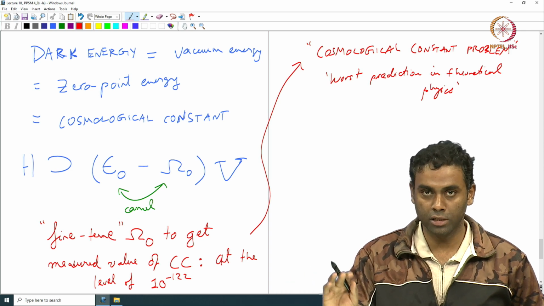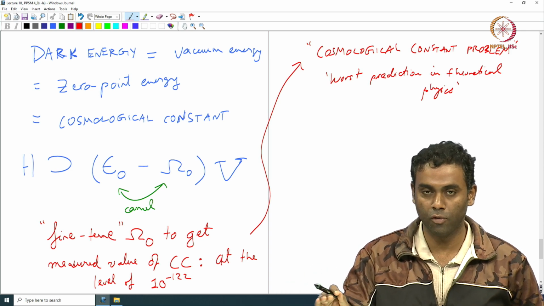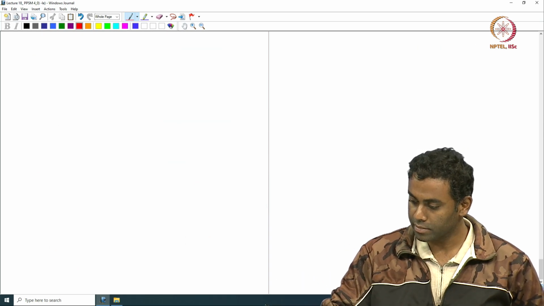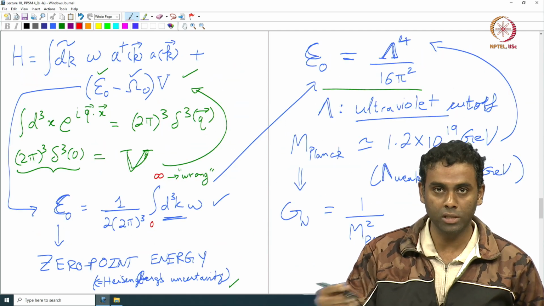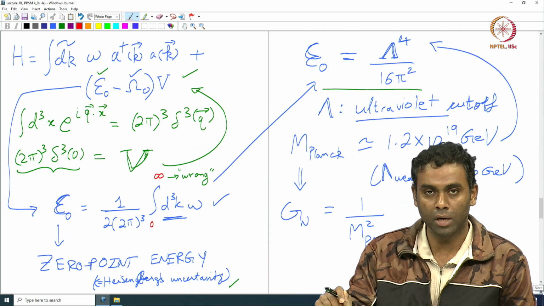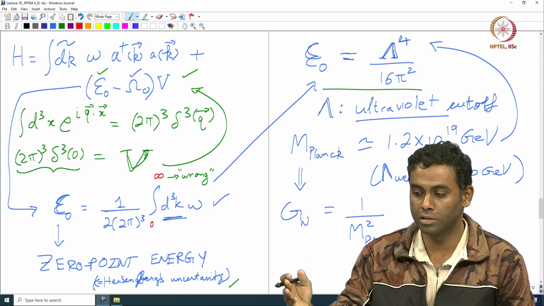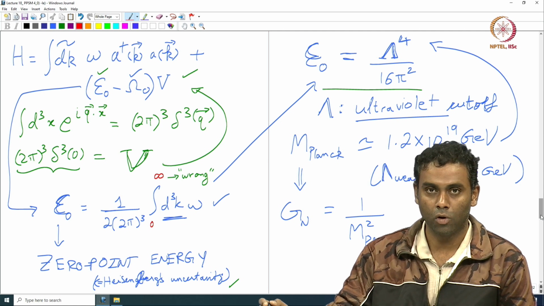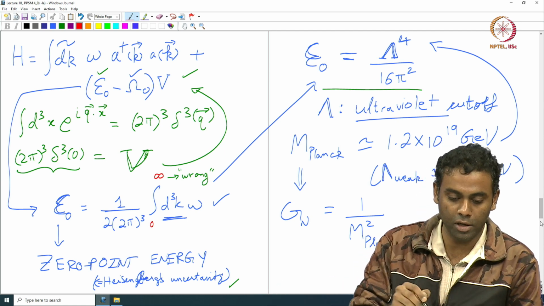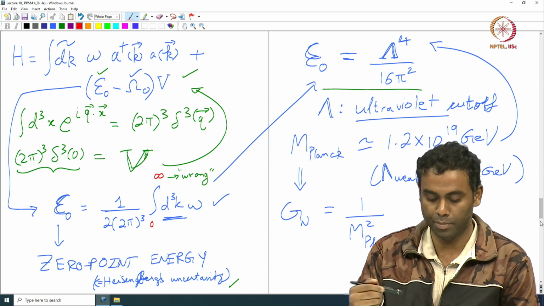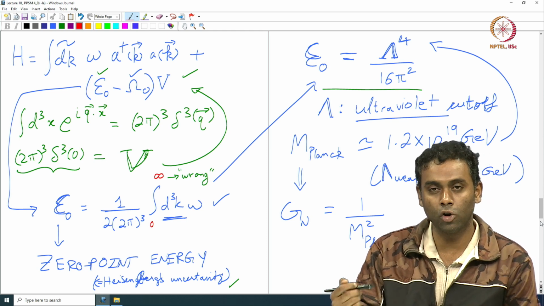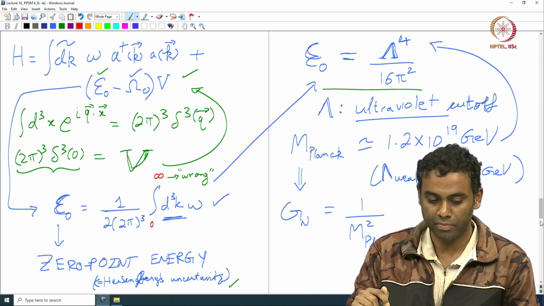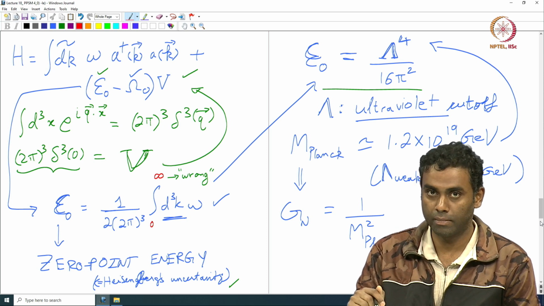Now there's a few comments here why this problem itself is robust. Okay, you might say, all right, we are talking about one single field here, maybe this is the Higgs field or whatever, but I have other fields also in the problem, right? I have electrons and the W boson, Z boson, photon, etc. What about all of them? They all have a Hamiltonian. They also have a 0 point energy. You cannot escape that due to Heisenberg's uncertainty. What about the contributions of those? I didn't account for those, right? And the answer is those things only make it worse, not better, right?